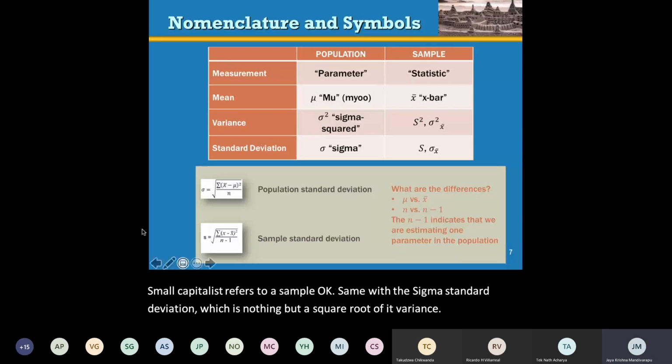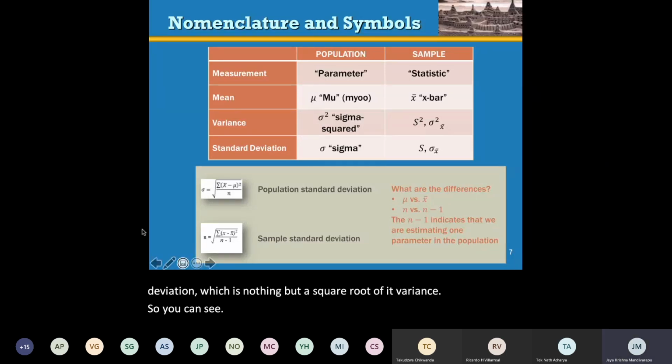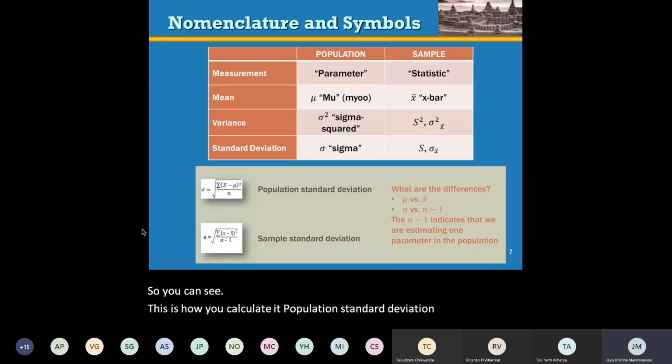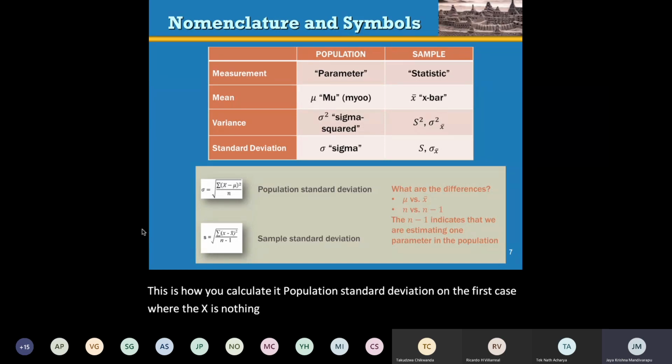You can see this is how you calculate the population standard deviation in the first case, where x is every data point you have, mu is the mean of the whole population, and n is the total number of data points in the whole population.